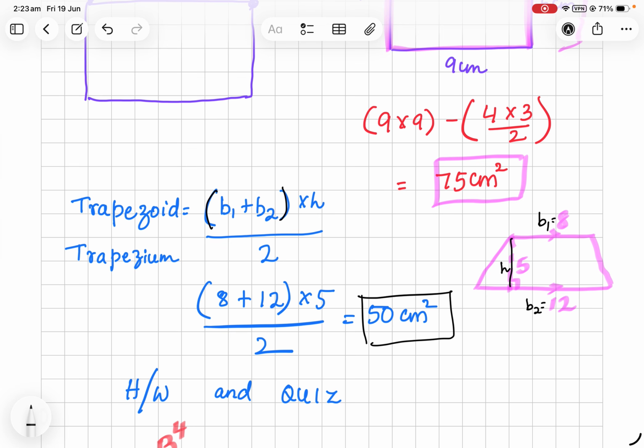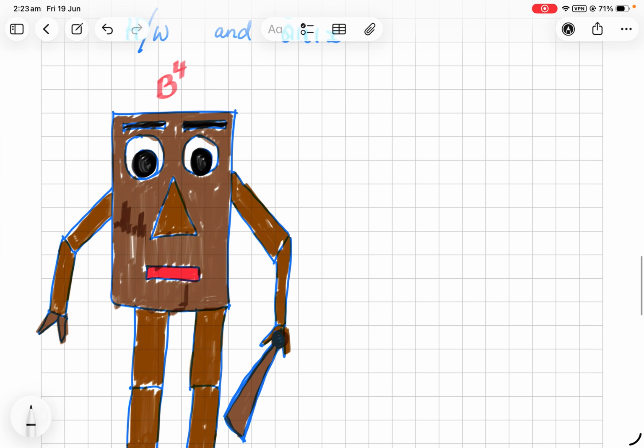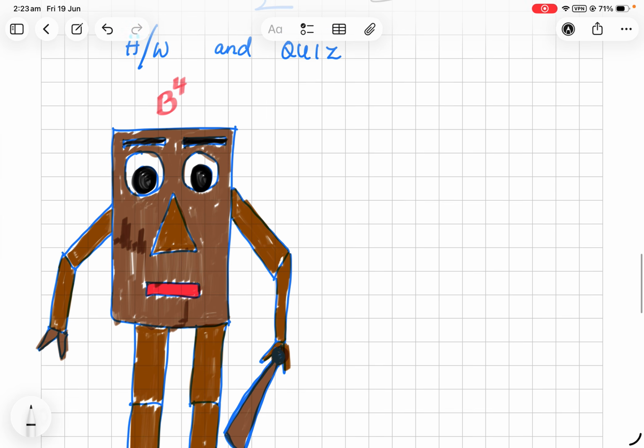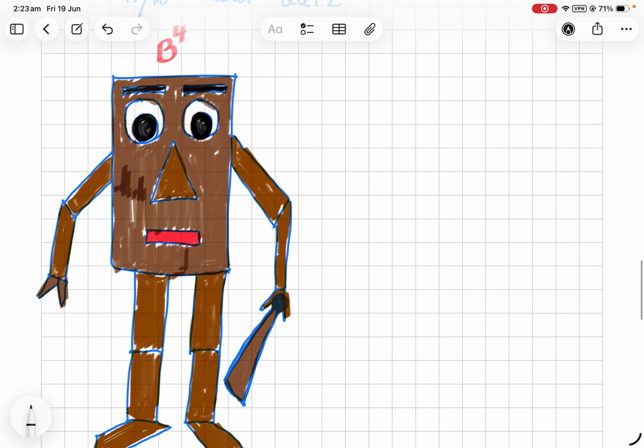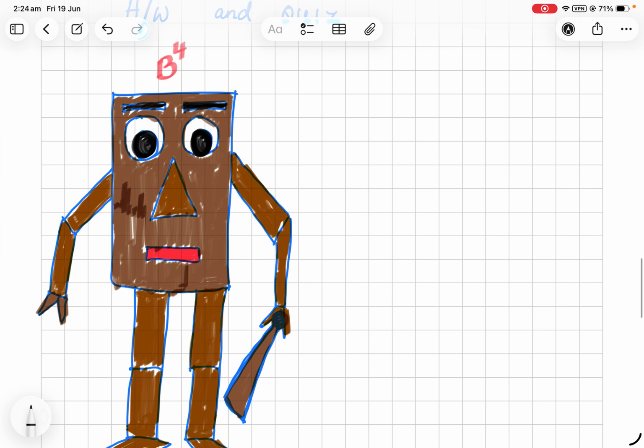So in order to make a counter character who would fight back, I created B4, or B power 4, which is Bing Bing Bing Batter. If someone is trying to smack him, he will combat it with his own bat and try to win the case. Anyway, this is my character, and I'm going to teach areas of composite shapes using this character.